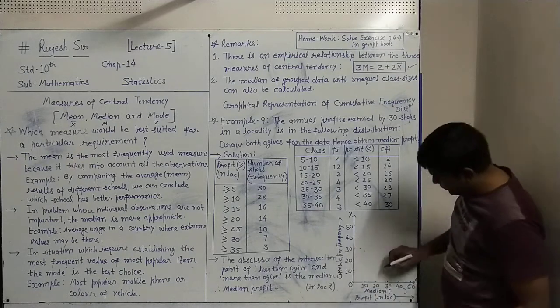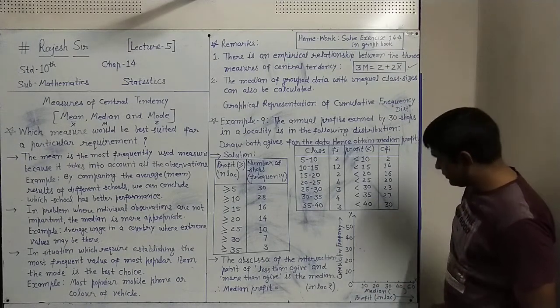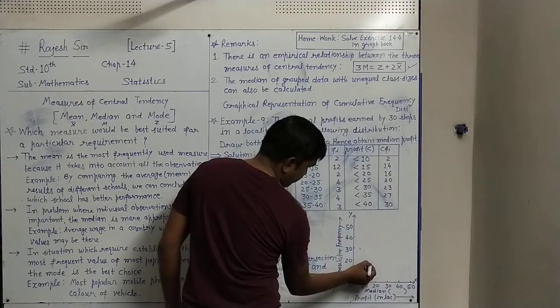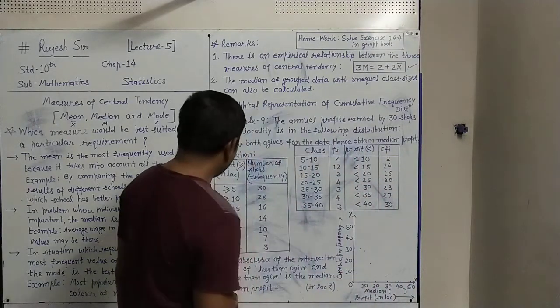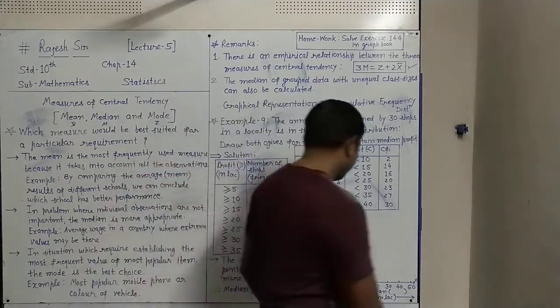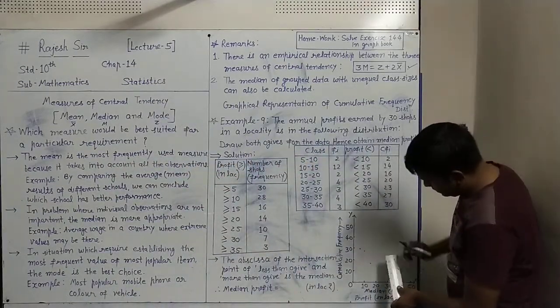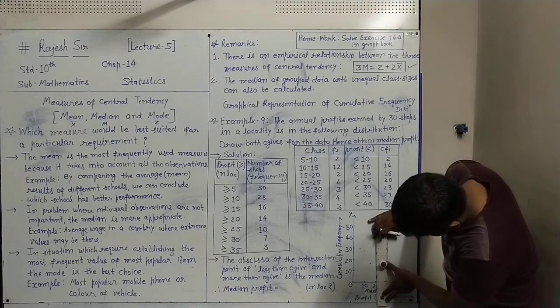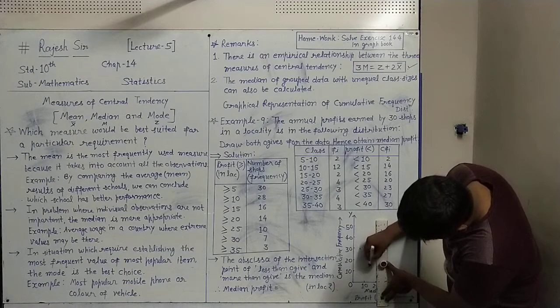The point 15, 16. Then 20, 14. 14 on the y-axis is 10 plus 4.